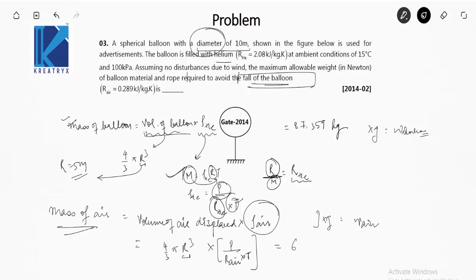This will be around 628 kg. Now the net buoyant force will be the weight of displaced air, that is 628 into 9.81, minus the weight of the balloon, that is 87.359 into 9.81. This net buoyant force will be equal to the maximum allowable weight of balloon material and rope required. Okay, next question.